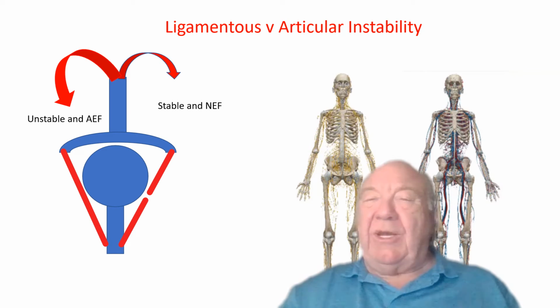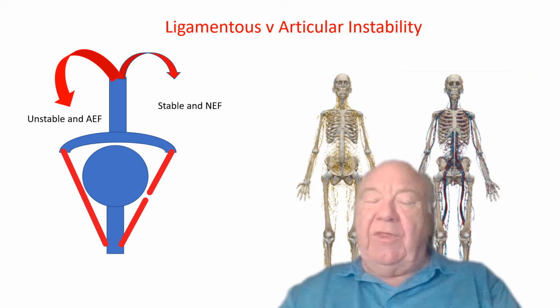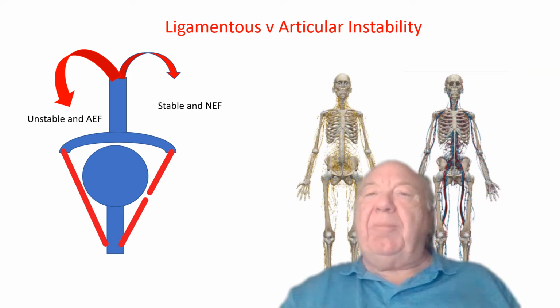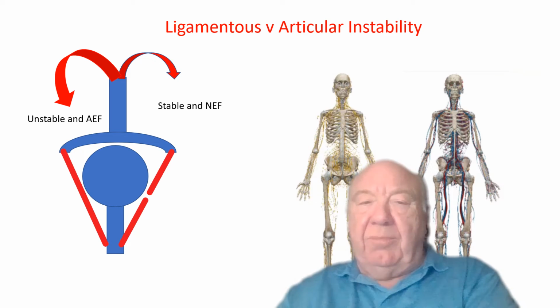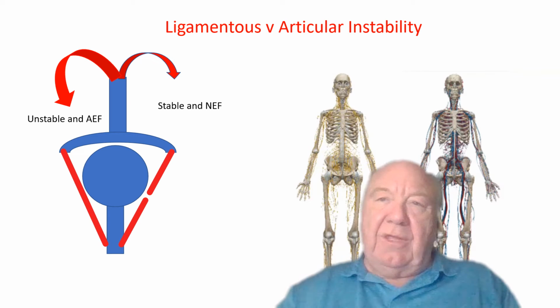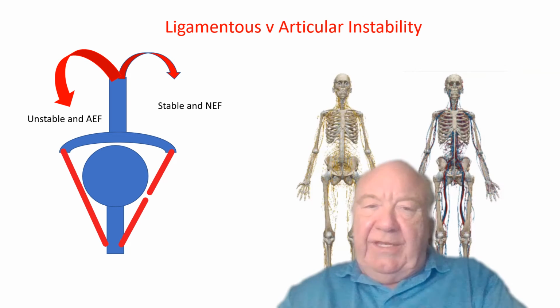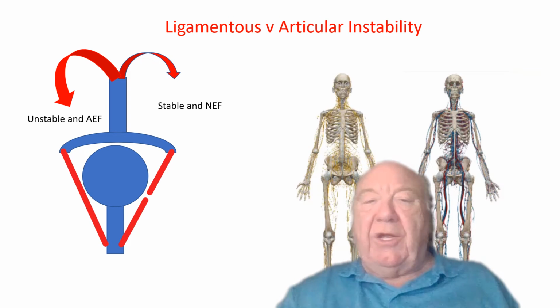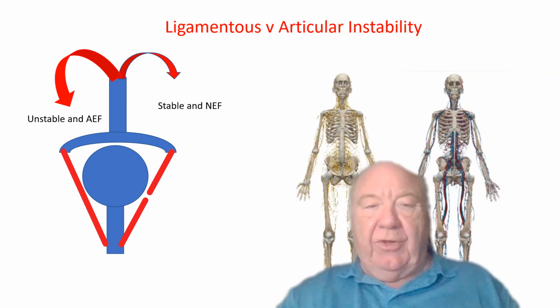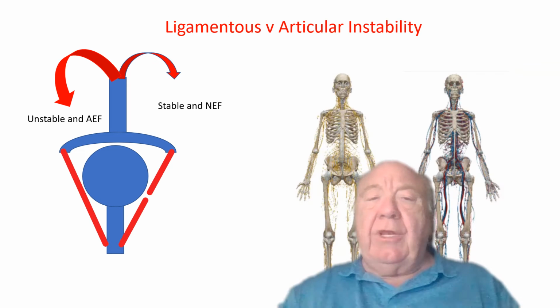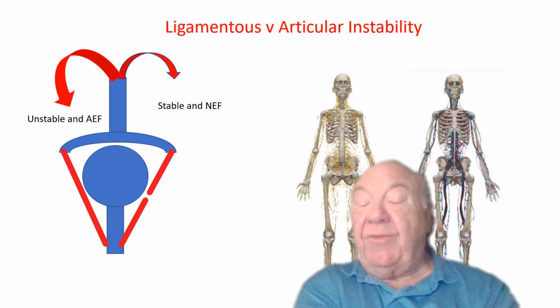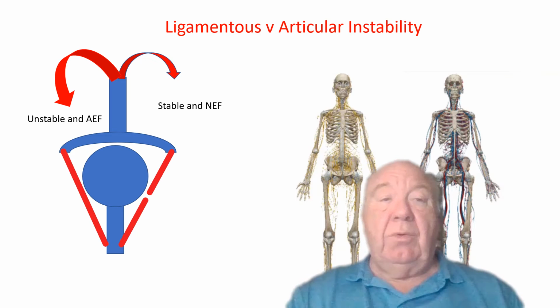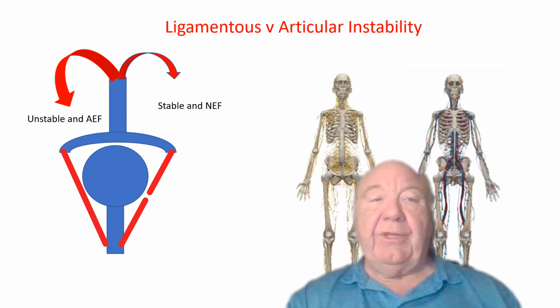Well, it's not really bidirectional, it's in the same direction. For example, if this is the medial collateral ligament of the knee, it'll be a valgus instability. But whether it's valgus with the knee straight or slightly bent will depend on which part of the ligament is torn, as well as the extent of the ligament, obviously. So this is a ligamentous instability. It's what we're all familiar with. There shouldn't be any real confusion with this.